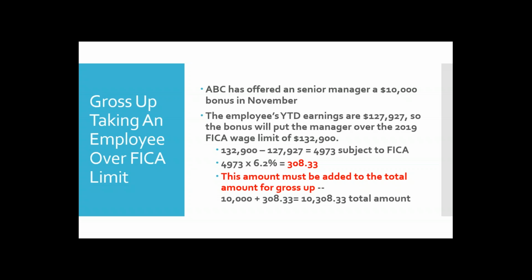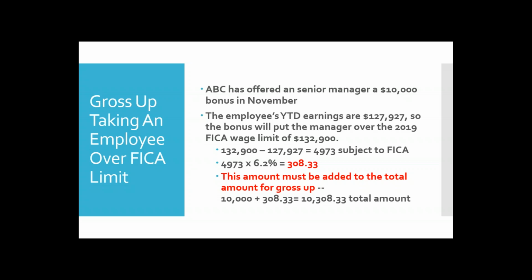In this next example, ABC is extending a $10,000 bonus to a senior manager in November of 2019, so it's late in the year. The 2019 FICA wage limit is $132,900.